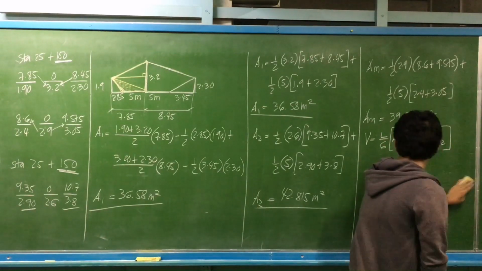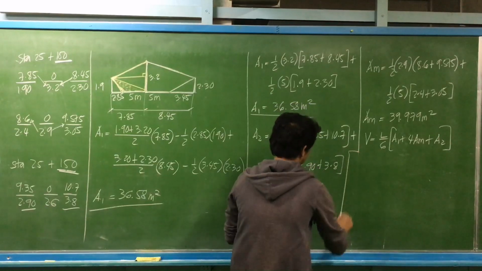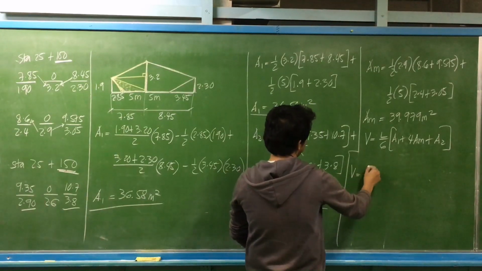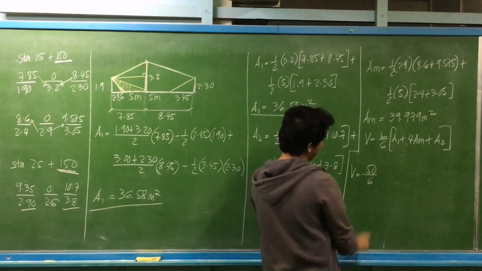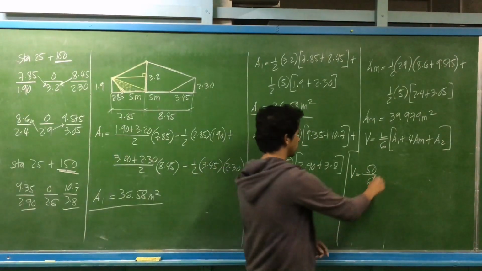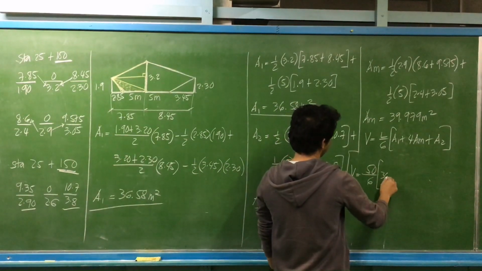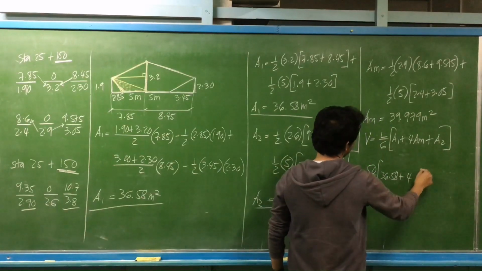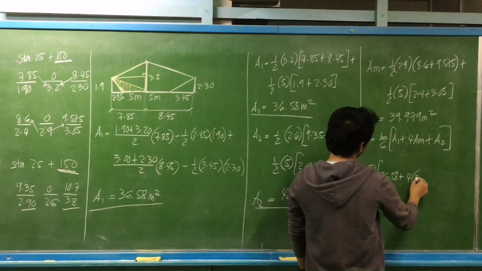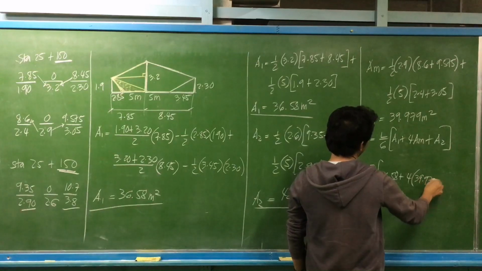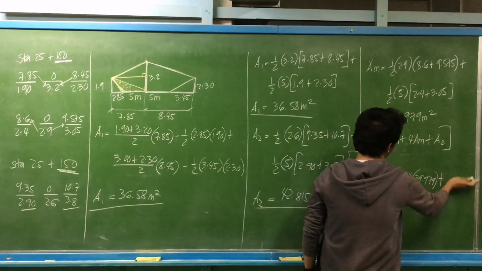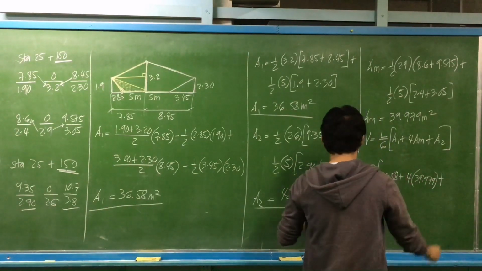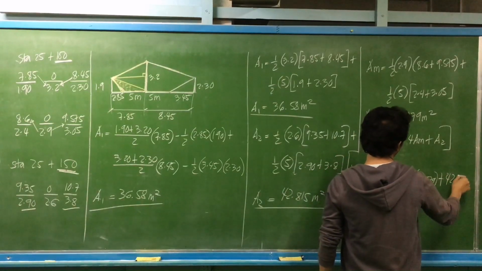So we have the volume is equal to 50 over 6. So again, distance between the two stations. Area 1 is 36.58 plus 4 times area M, 39.979 plus area 2. Ano si area 2? We have 42.815.